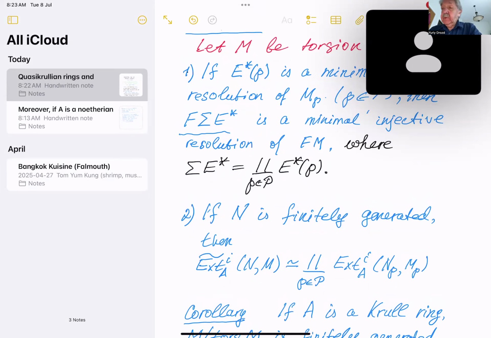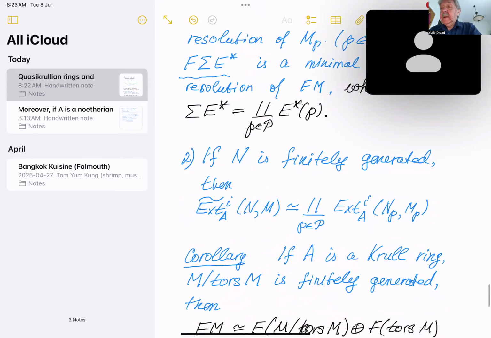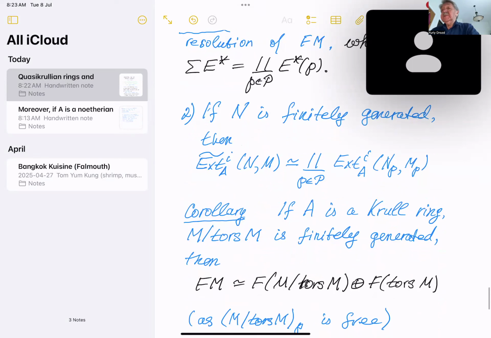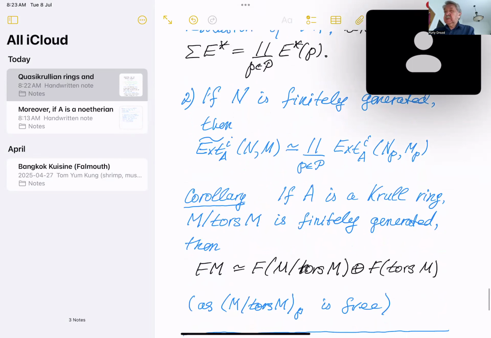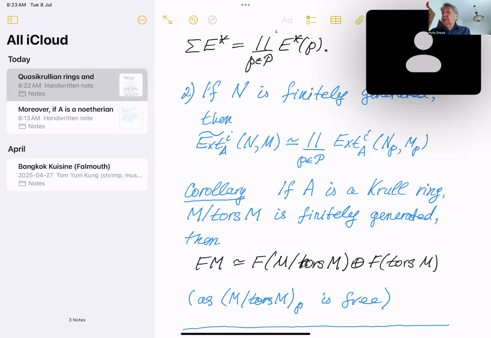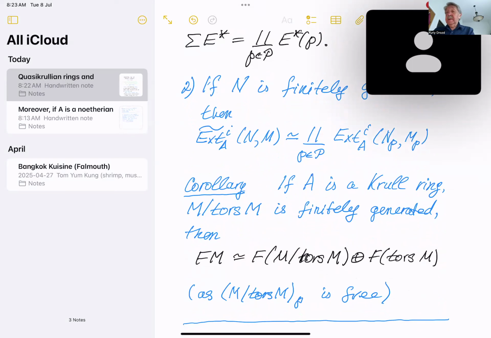It implies the following thing. If A is a Krull ring, for instance, an integrally closed Noetherian domain, then if we take its tilde image, its image in the category, then it is a direct sum of the torsion part and the torsion free part.